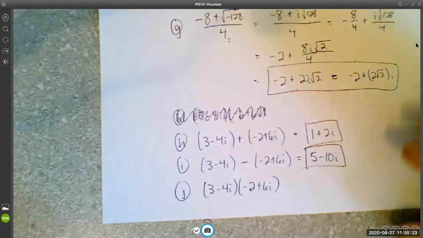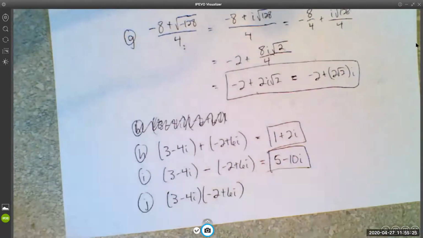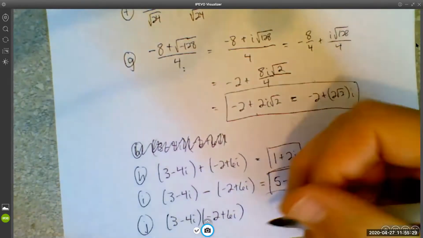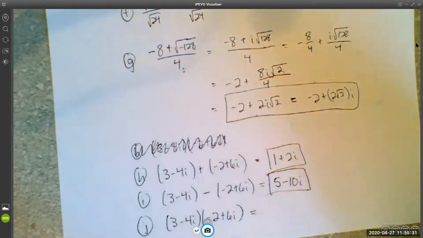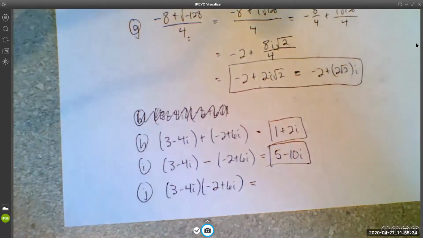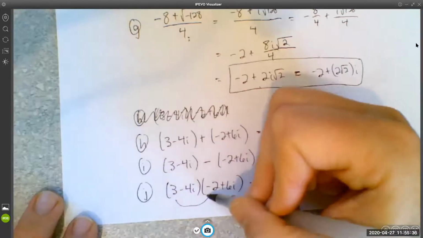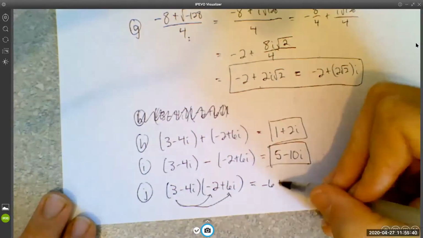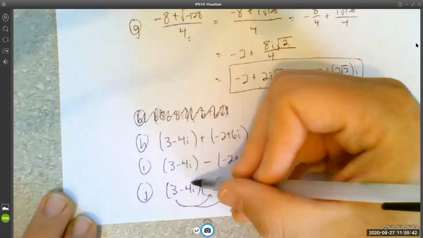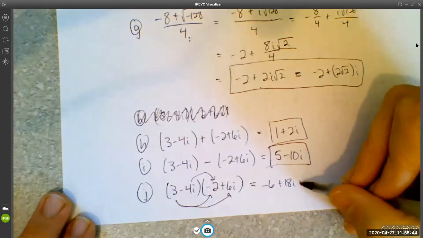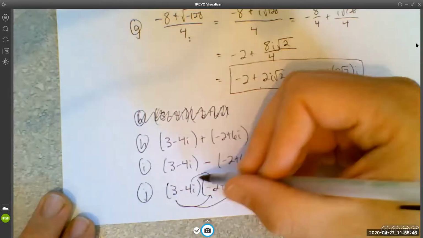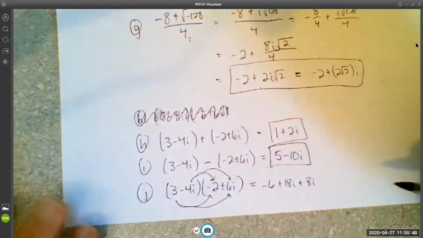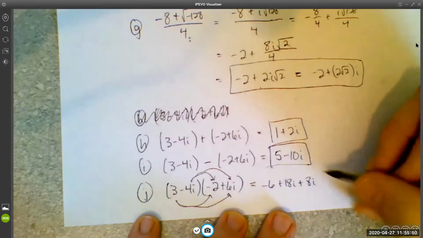Okay, 3 minus 4i times negative 2 plus 6i. Again, you treat this just like you would treat variables, so you're going to FOIL this. We're going to do 3 times negative 2, 3 times 6i, negative 4i times negative 2, negative 4i times 6i.